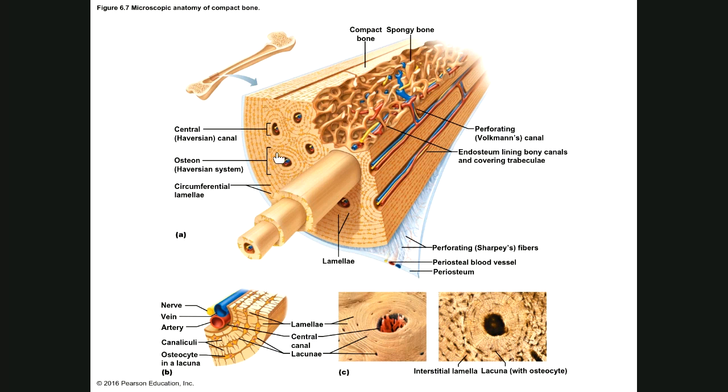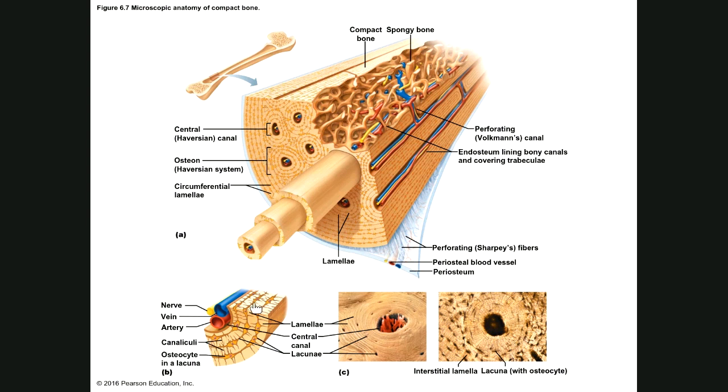Now, the little circle right in the middle is the central canal. Now, notice that surrounding that central canal, we have these rings, okay? In each case, we have a few circles or rings going around the whole thing. Those are your lamellae, okay? The lamellae.